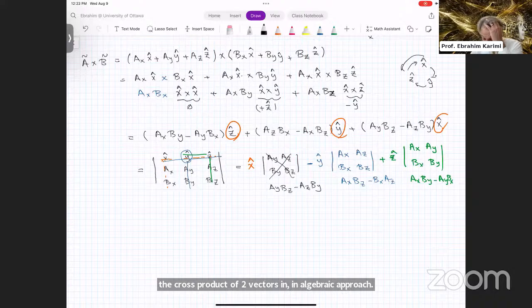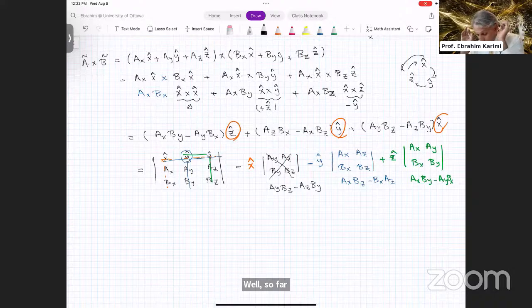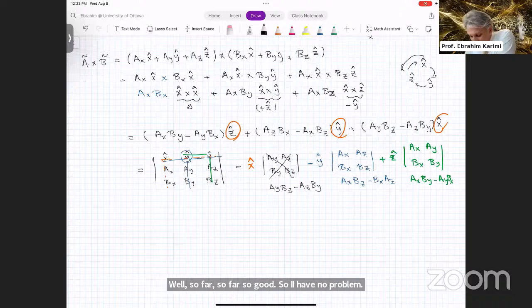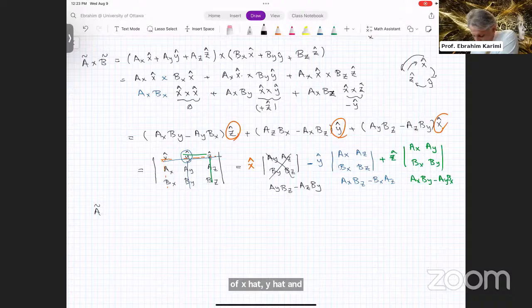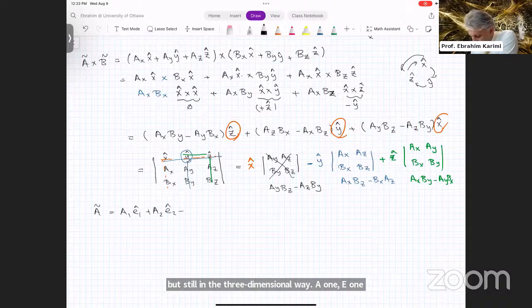Well, so far so good. So I have no problem. Some people may be interested in not writing the vector A in terms of x hat, y hat, and z hat, the way that I told you last time. So maybe you can write it, but still in the three-dimensional way, as A1 E1, A2 E2, A3 E3.